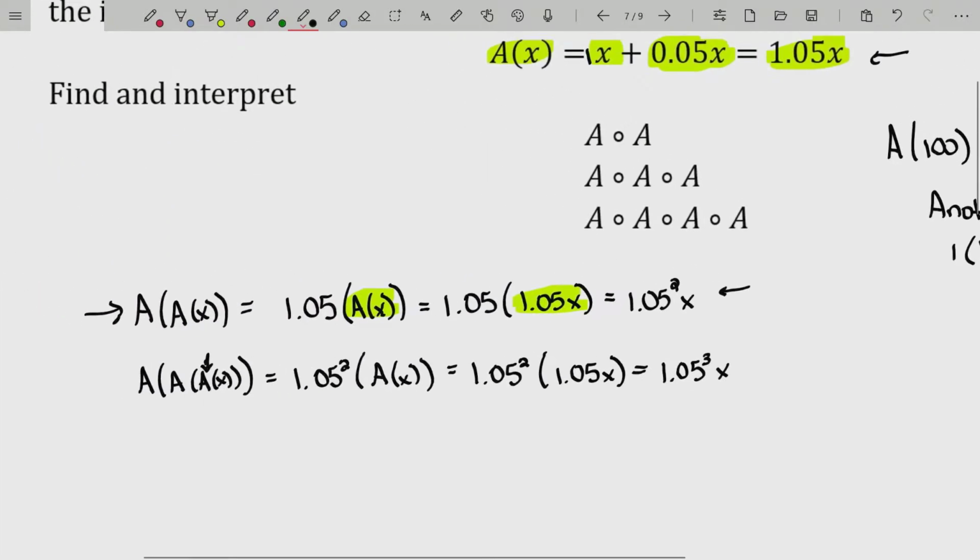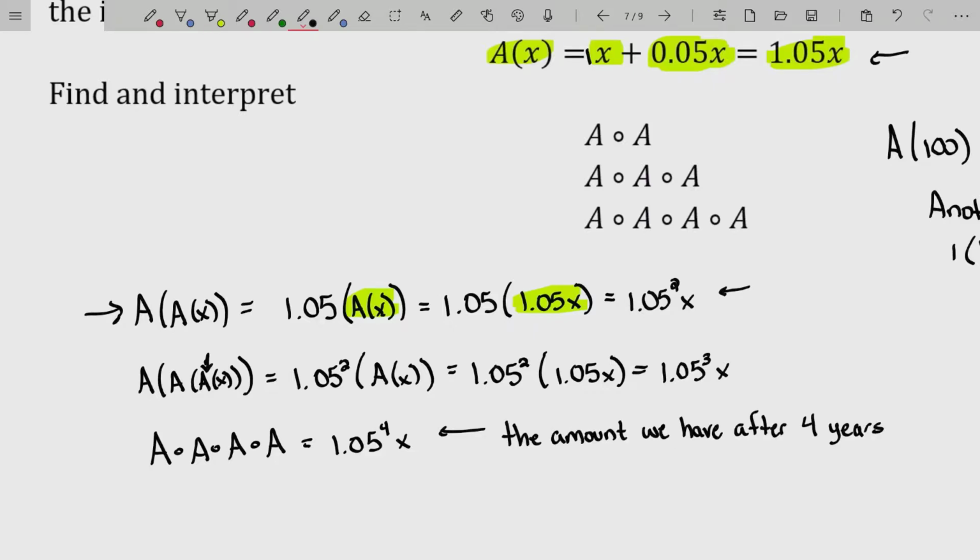Well, A composed with A composed with A composed with A, the very last one, is 1.05 to the fourth times x. And each of them is basically the amount you have after that many years. So this is the amount we have after 4 years.